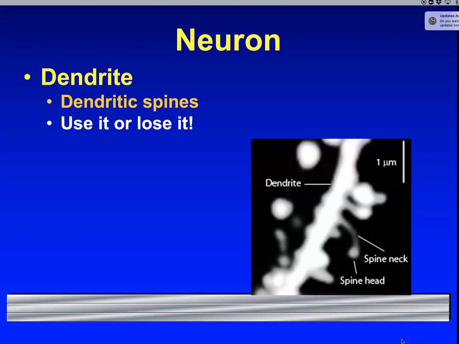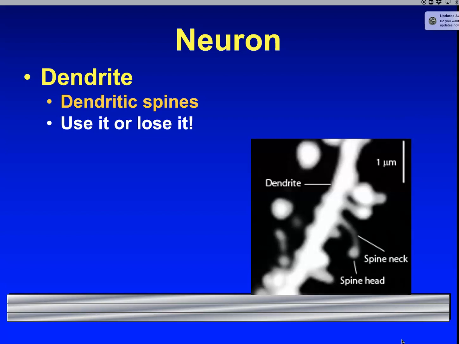So if you increase the use of a connection, so certain neurons are always sending a signal to another neuron, you will increase your dendritic spines because it's like, oh, I need to have more receptive surface area because this neuron keeps sending me signals. So they've done some tests, and back in the 50s, I think this was, they took monkeys and they stimulated the monkey's left palm, and they just rubbed and rubbed and rubbed the monkey's left palm.